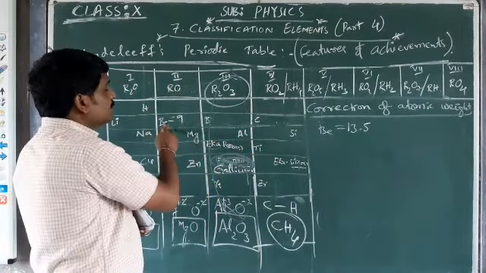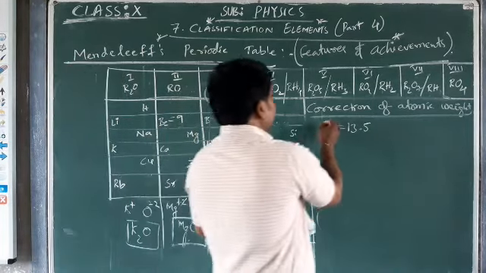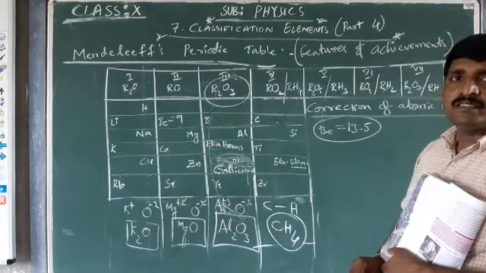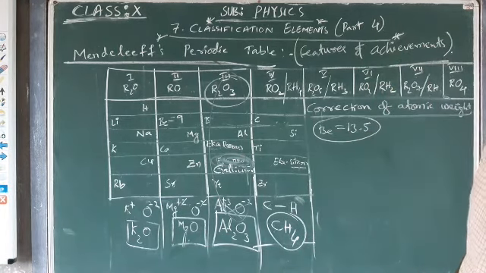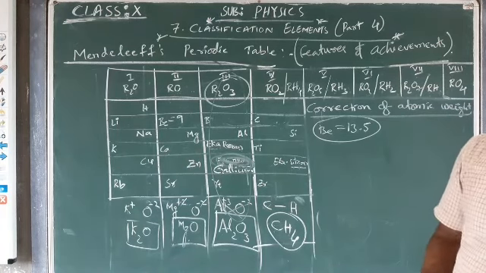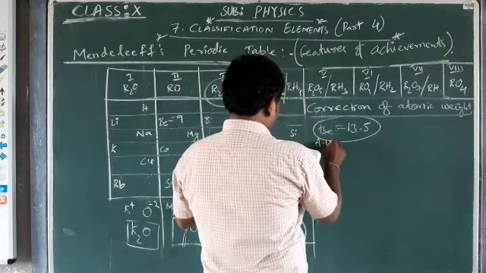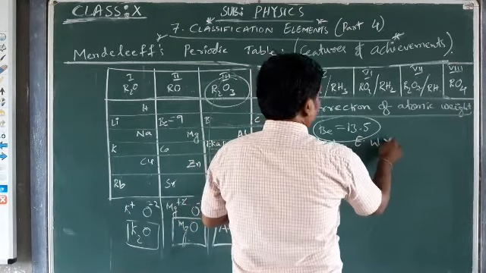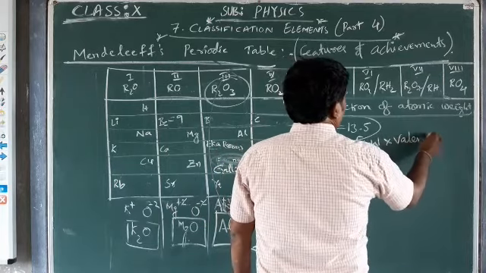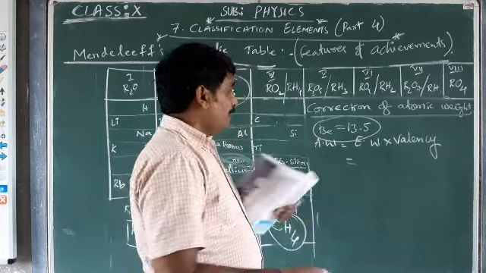How to have beryllium in the second group? It is done by the correction of atomic weights. Before Mendeleev, the atomic weight was calculated as atomic weight is equal to equivalent weight into valency. Equivalent weight is calculated experimentally.